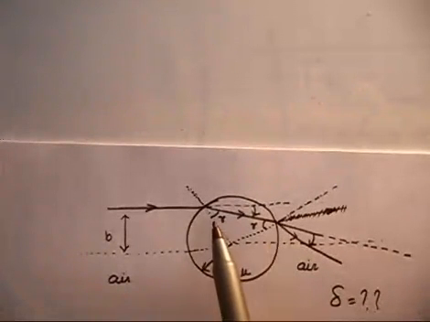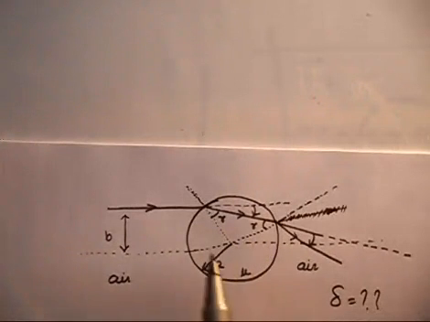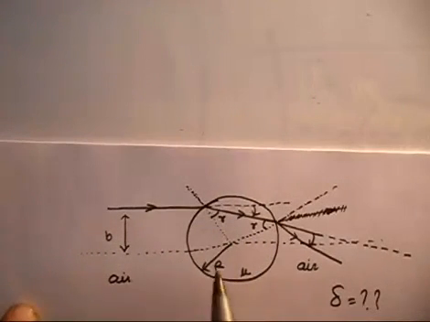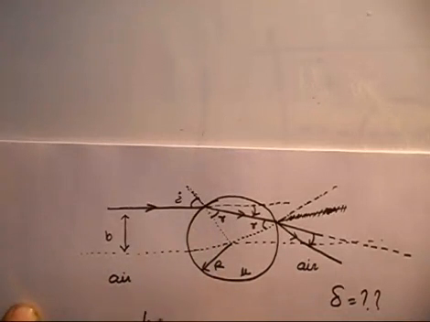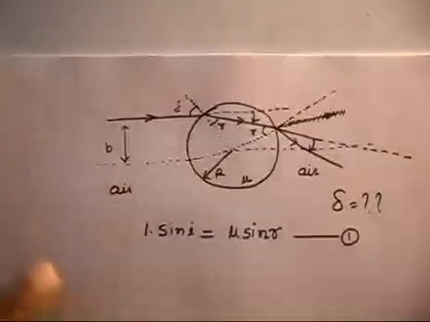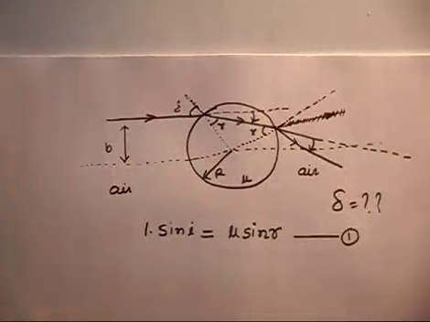So this angle and this angle are r. Now if I apply Snell's law at the first face, let us say this angle is I. I can say 1 into sine I is equal to mu times sine r. This is the first equation.